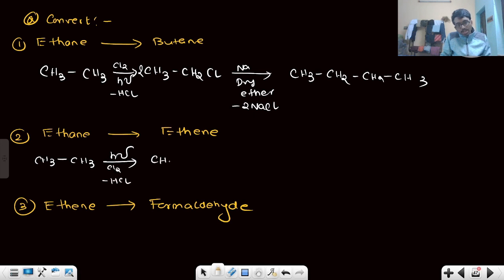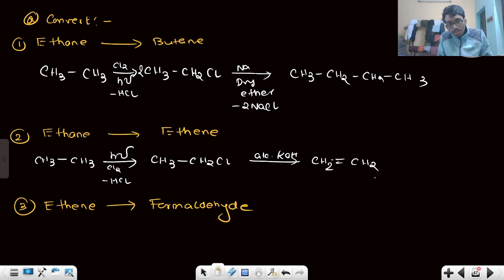So I will get CH3CH2Cl. Now I use alcoholic KOH. When I use alcoholic KOH, Cl will be taken from this carbon and H from this carbon. This is called beta elimination. So this will form CH2=CH2. Clear? And KCl will go out, KCl 1, water 1. Done.